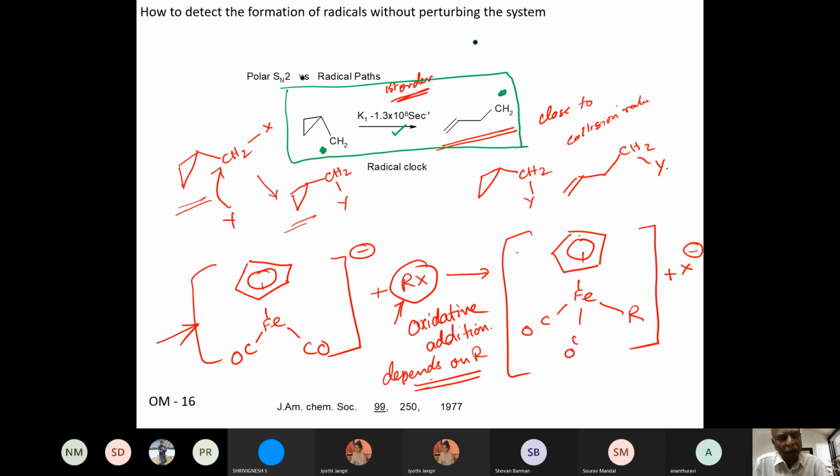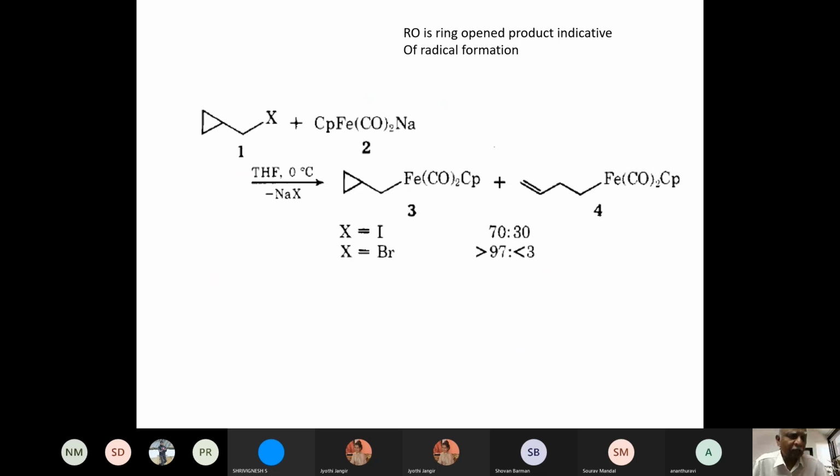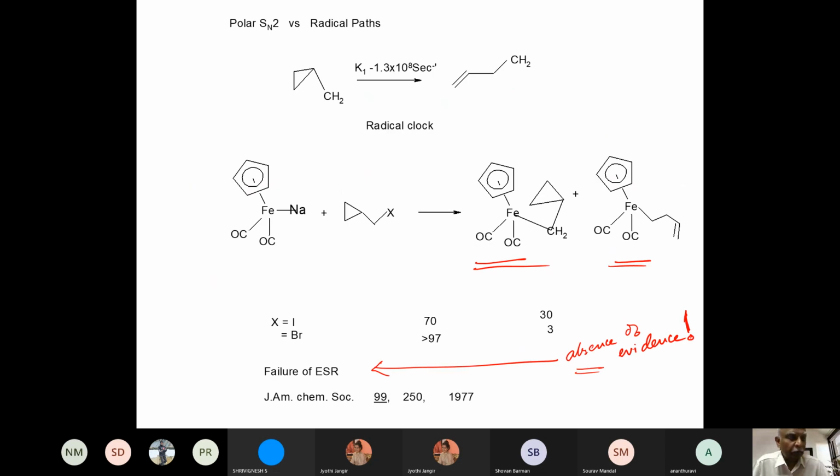A simple SN2 pathway, like the one that is written here, will not result in the formation of ring open species. So presence of ring open species suggests that the radical was involved, and we found through a couple of different examples that radicals are being formed because ring open products were obtained, and this turned out to be dependent on the X group.